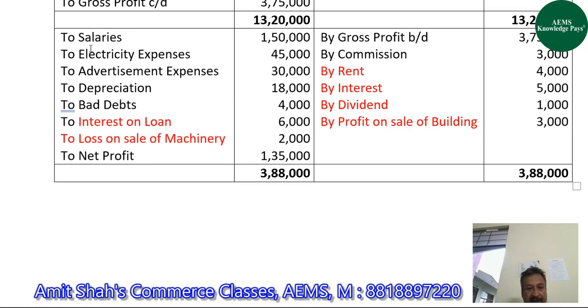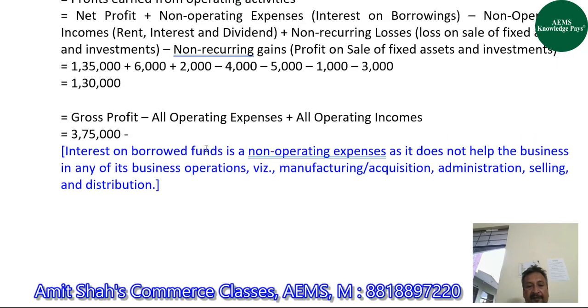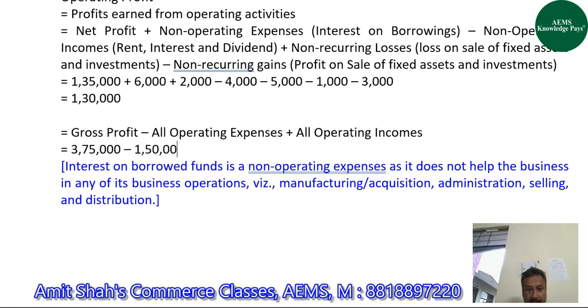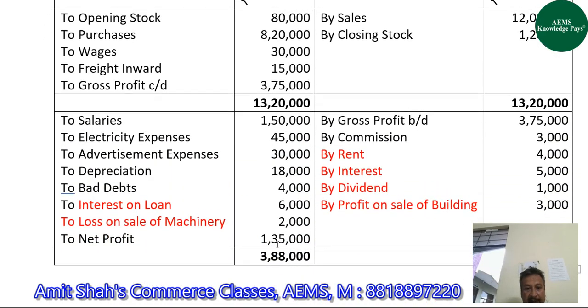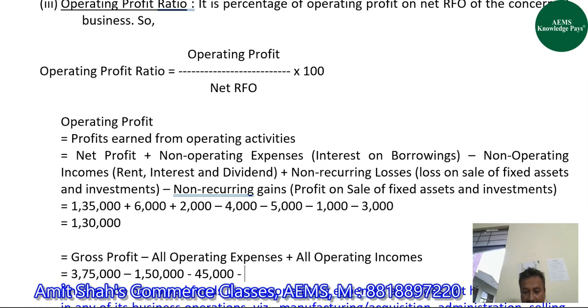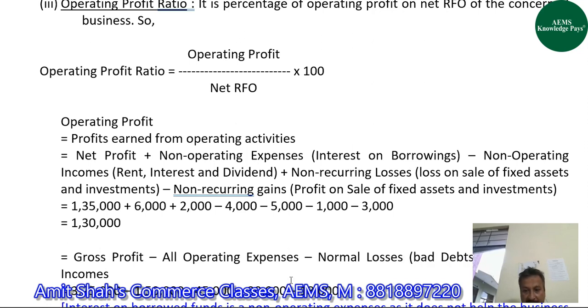And operating expenses in this example are these four: salaries, electricity, advertisement, depreciation. 150, 45, 30 and 18. We also need to subtract one thing that is normal losses, means bad debts.